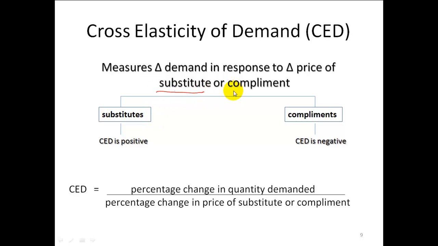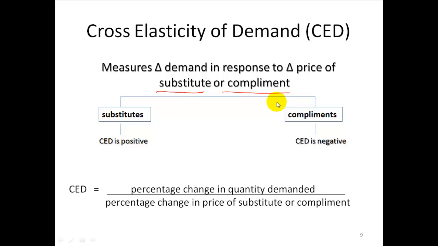What is a complement? Complement is two products that are consumed together. So a classic example would be pizza and soft drinks, or donuts and coffee. When you consume more pizza, you have more soft drinks with it. So pizza and soft drinks are complements.